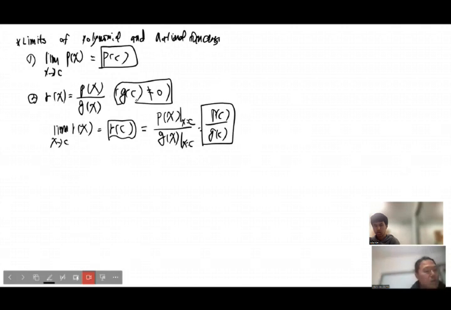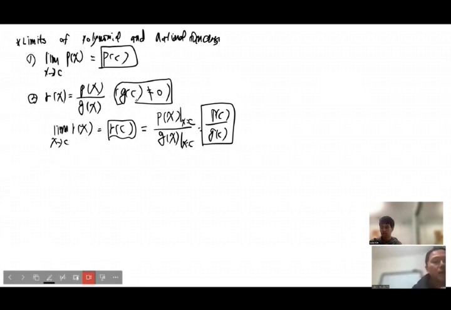So let's take a look at an example problem to find out how those rules work, in the case that f(x) is either a rational function or a polynomial function.